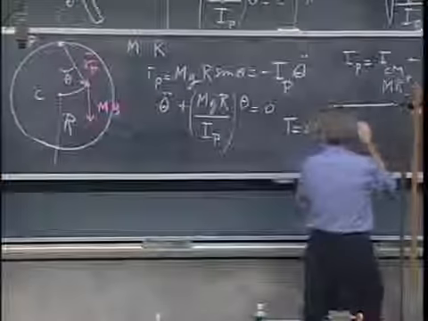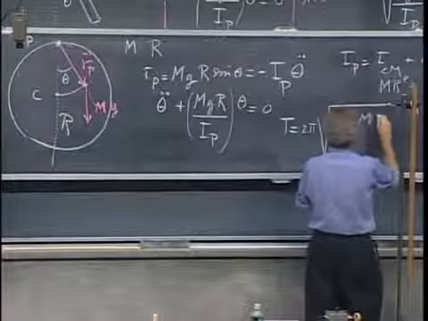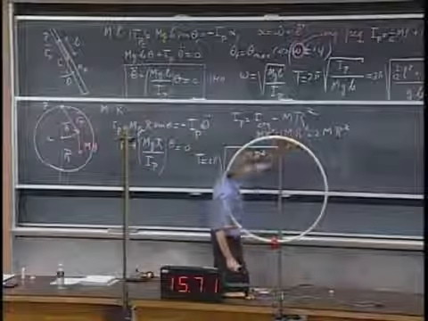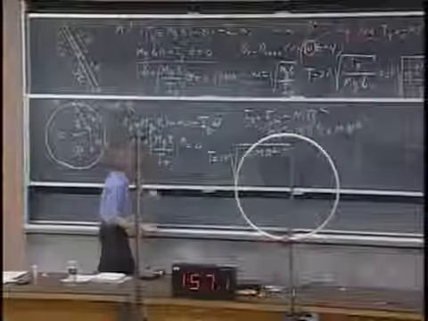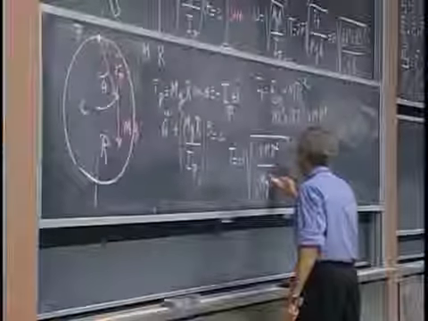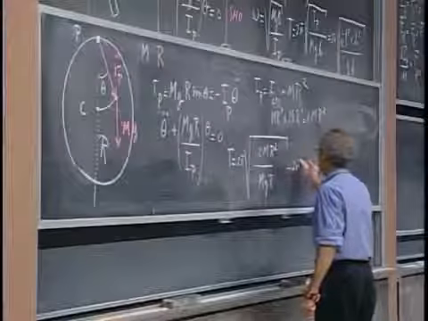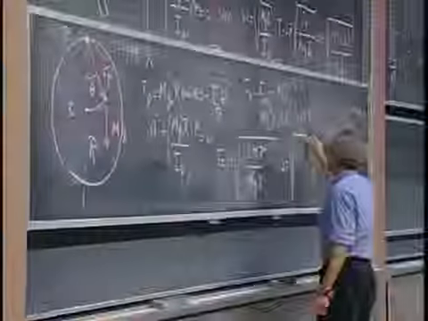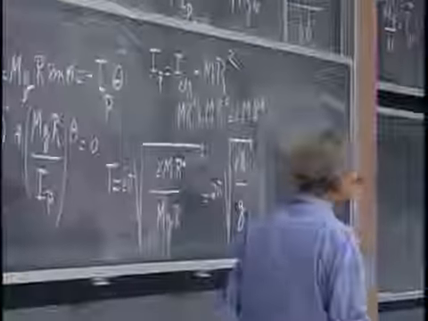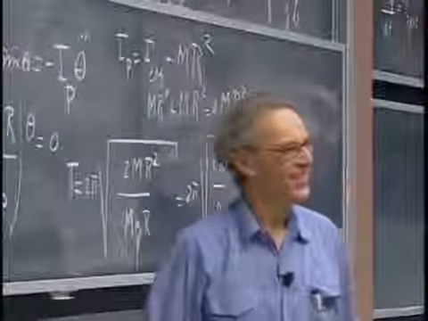But IP is 2mr squared. You see, IP divided by mgr, and that is 2 pi times the square root of 2r over g. And that is a cute result.